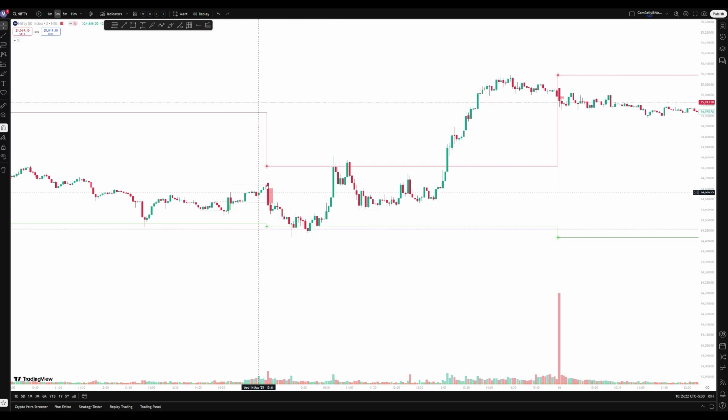Here the low is broken. If one candle forms below this, and there are wicks getting formed, you know the next move would be on the downside. And here the correct move has come to the downside.